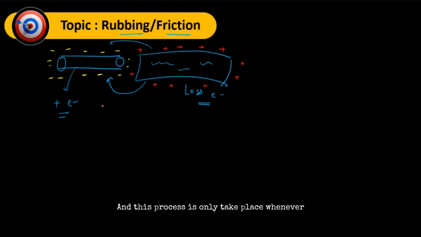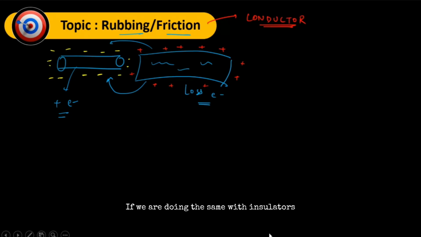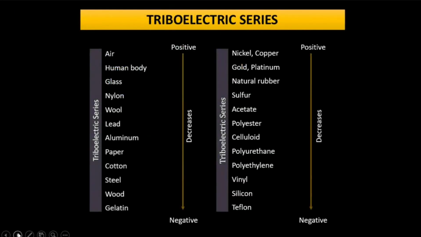This process only takes place when we are dealing with conductors. Conductors means those elements which have free electrons in them. If we do the same with insulators, the process will not take place. The reason you already understand: free electrons. Now this is the triboelectric series, which lets us understand which type of matter will gain or lose electrons.